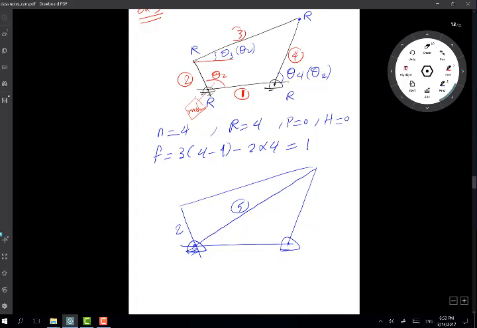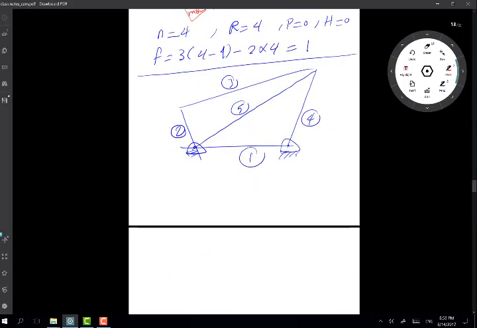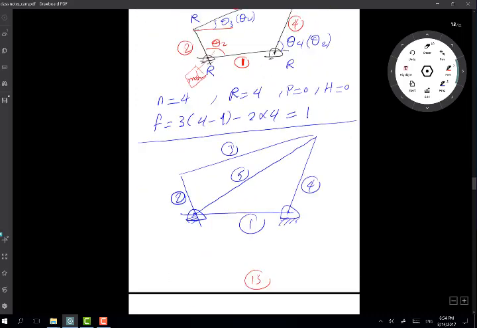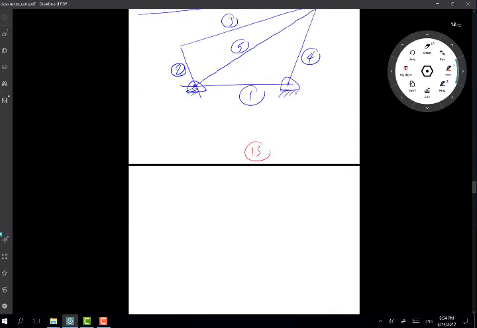So I have link number 2, link number 3, link number 4, link number 1, and I'm going to add link number 5. Once we have done that, I want to calculate degrees of freedom. The change is on page number 13 and page number 14.